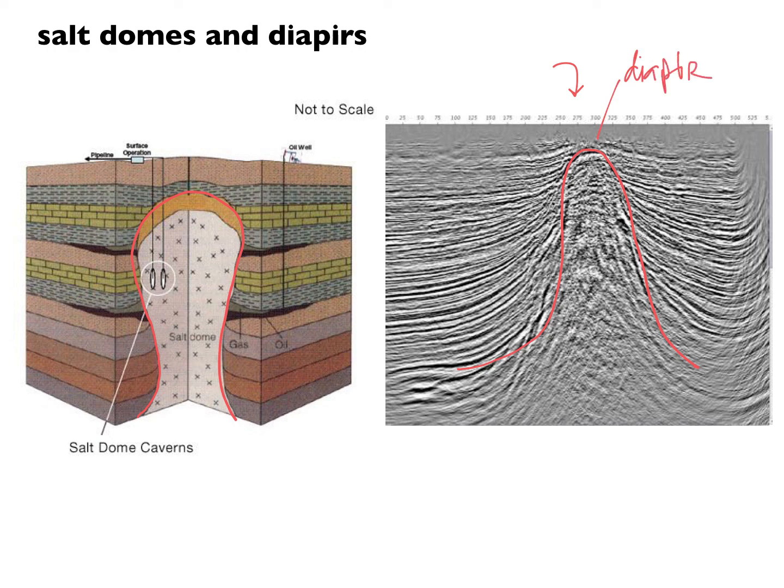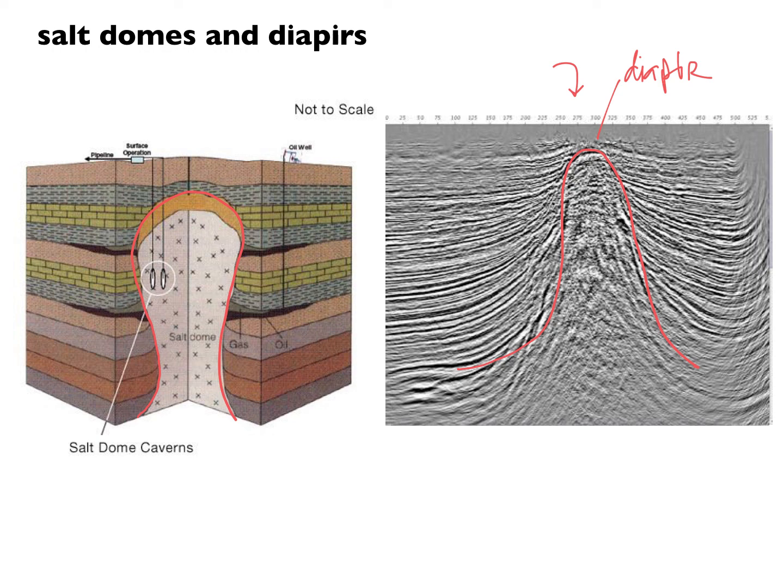And people are really interested in these diapirs for a number of reasons, but one of the big reasons is that they tend to make excellent traps for oil production. So you can see here that as this salt dome or diapir on the left rises up, it kind of breaks through these rocks and it can form a really nice kind of cap.